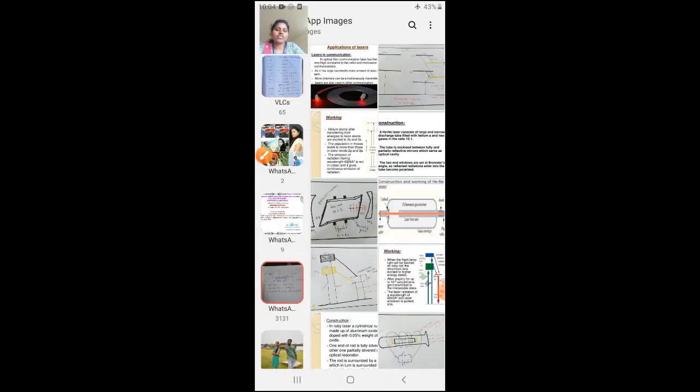The quartz tube absorbs these two smaller wavelengths, so by using the quartz tube, these two smaller wavelengths are removed.